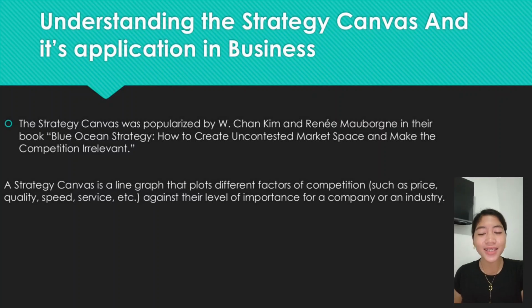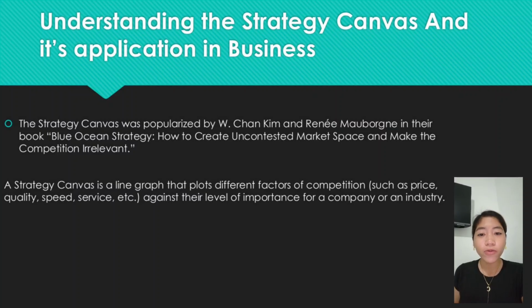Next is understanding the strategy canvas and its application in business. The strategy canvas was introduced by W. Chan Kim and Renee Mauborgne in Blue Ocean Strategy. It helps companies create new market spaces instead of fighting in crowded markets by analyzing competition and customer preferences.